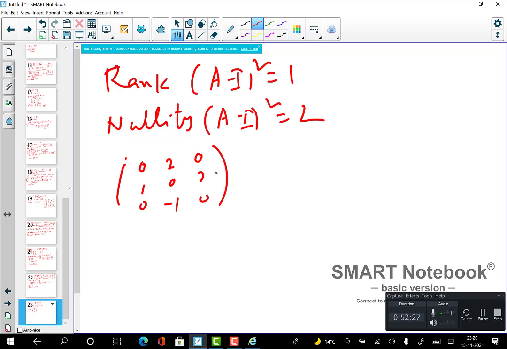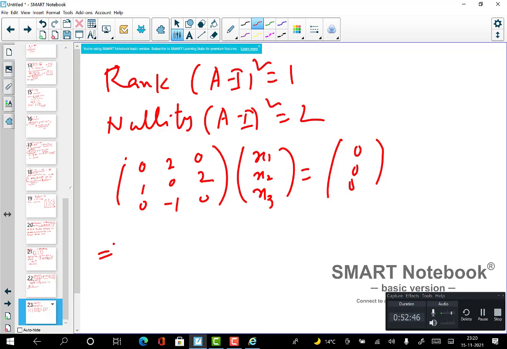If it is in the kernel of this map, then the result has to be 0 0 0. So any vector which is an eigenvector will be inside the kernel of this map. So this is 0, right? So what does that mean? That means what are the equations?